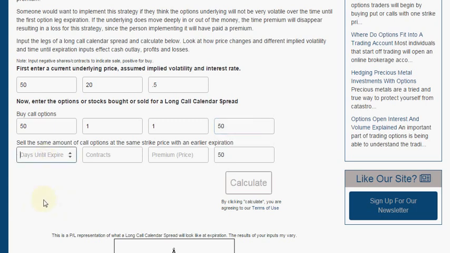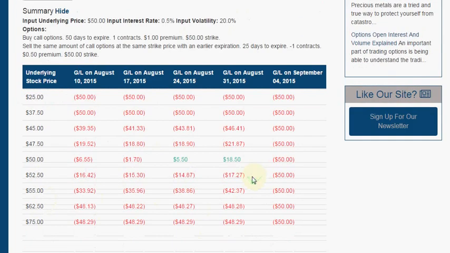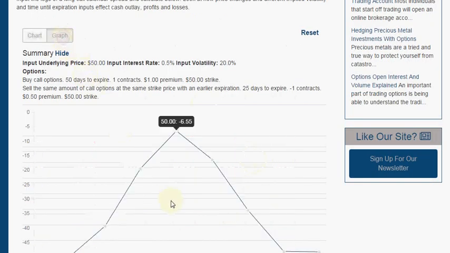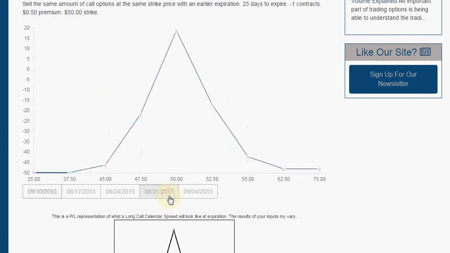Then we're going to sell nearer term ones. If we calculate this, we can see that if you stay at 50, this is going to be profitable. This line is right when the nearer term ones expire, and that's the amount that you paid, your premium. But you can see here ideally we'd exit out of our position and we'd make a profit. The chart shows that.